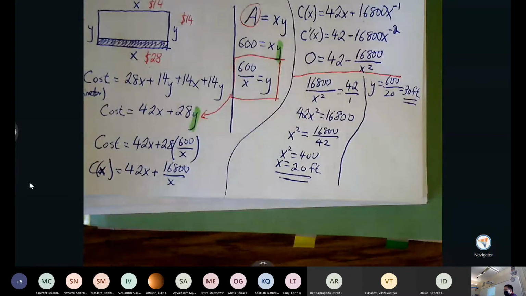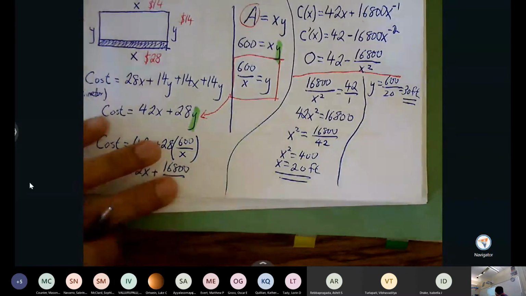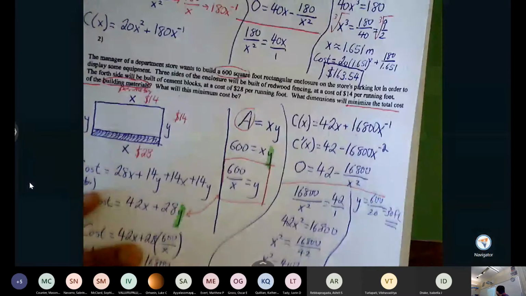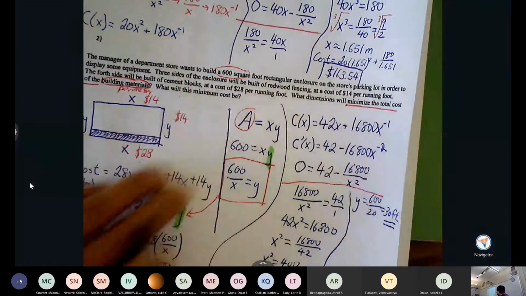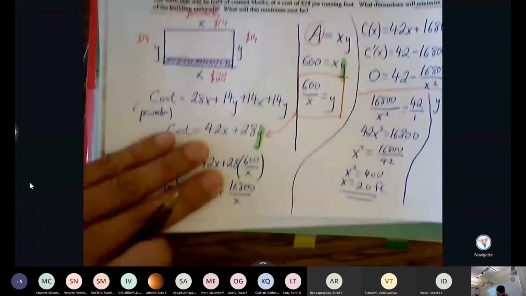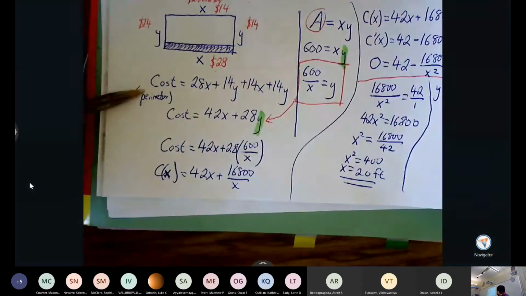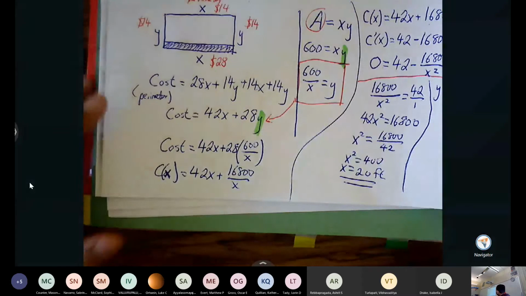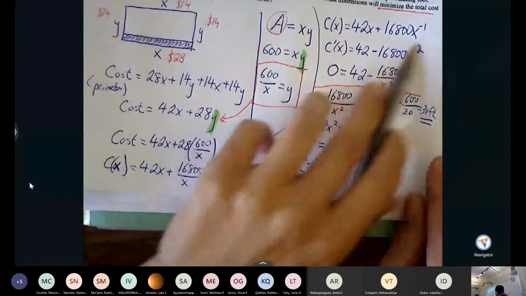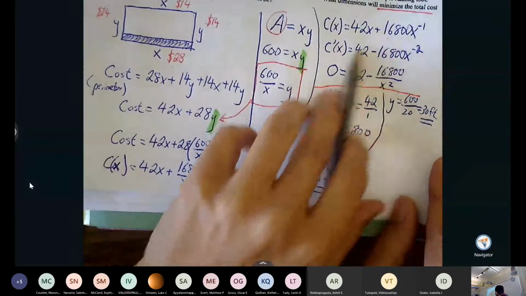We have our dimensions, 20 feet by 30 feet. And what other information are they asking for? Minimum cost. So minimum cost, we have to find one of the cost equations and use it. So either one of the original ones or one of the adapted ones. Any of these are good. Any of these will give you the cost that you need. Just don't use C prime. That's the one thing you don't want to use.